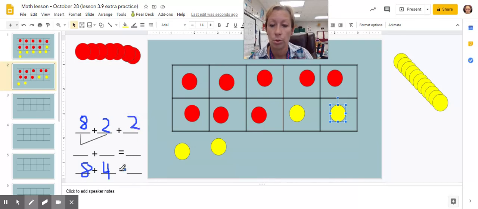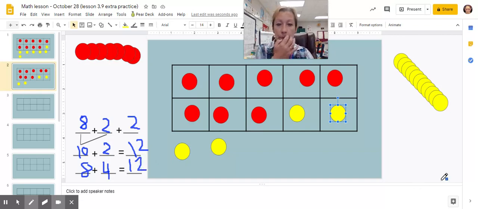Also 2. 8 plus 2 makes 10. That's how you made your 10 right here. And don't forget what was left, 2. And 10 plus 2, make that 0 disappear, makes 12. So 8 plus 4 is 12. Very good.